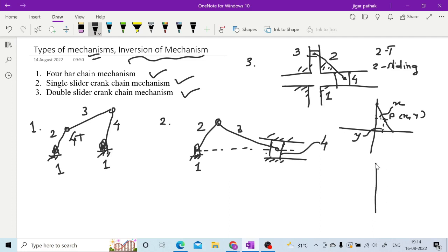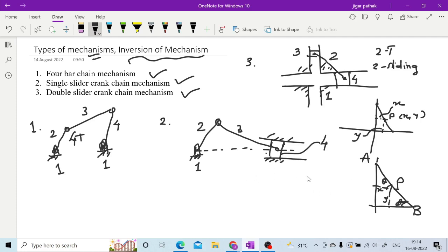This angle is theta here as well as here, right? This point is P, let us say this is A and this is B. This horizontal distance is x and the vertical distance is y.